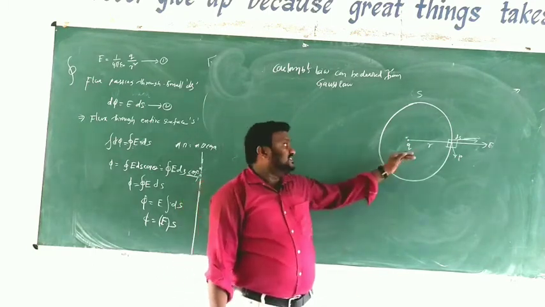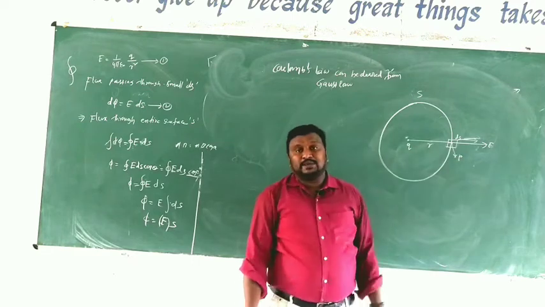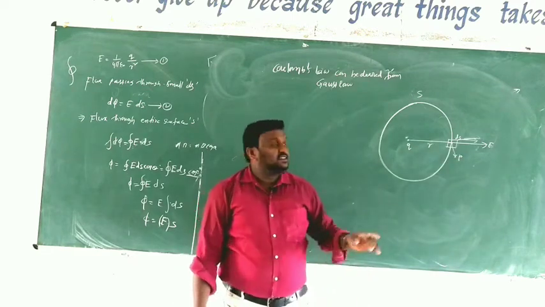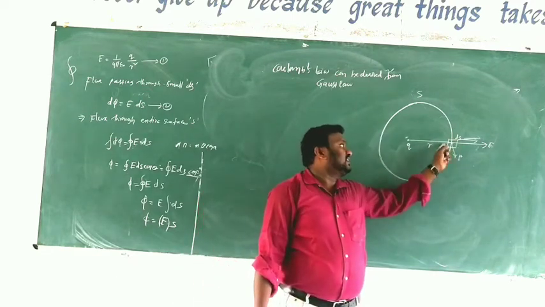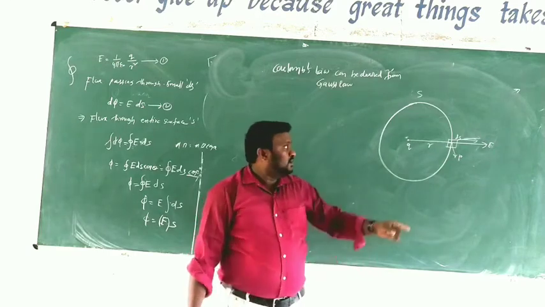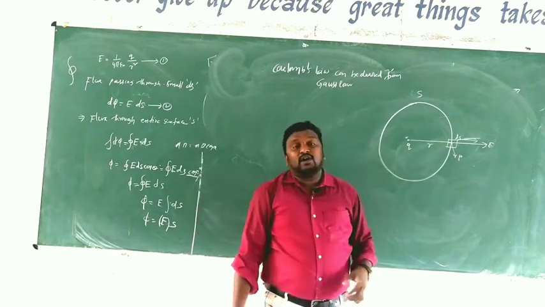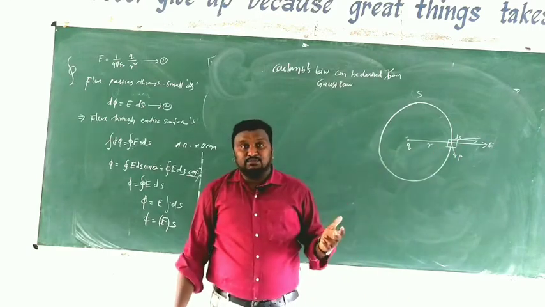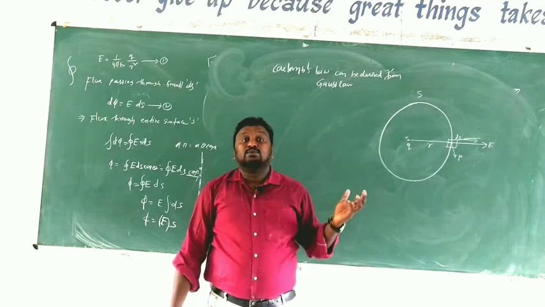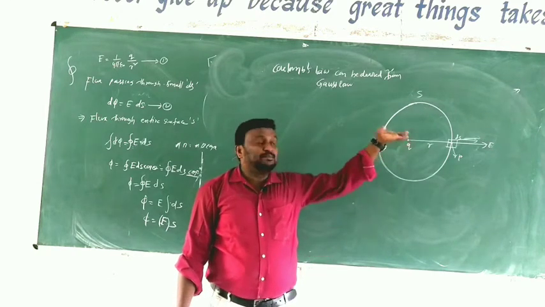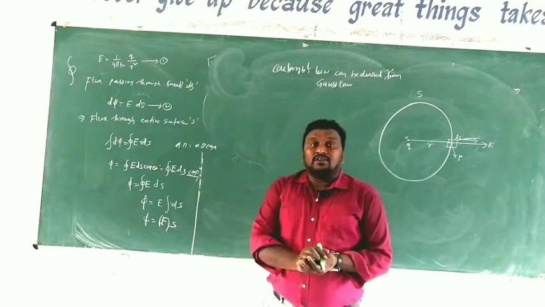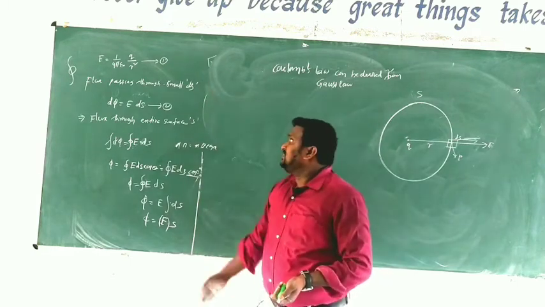At a distance of r we select one point P. At that point there is a small surface area ds, and at the point P, ds and E are both in the same direction. For that I already explained the same thing here.